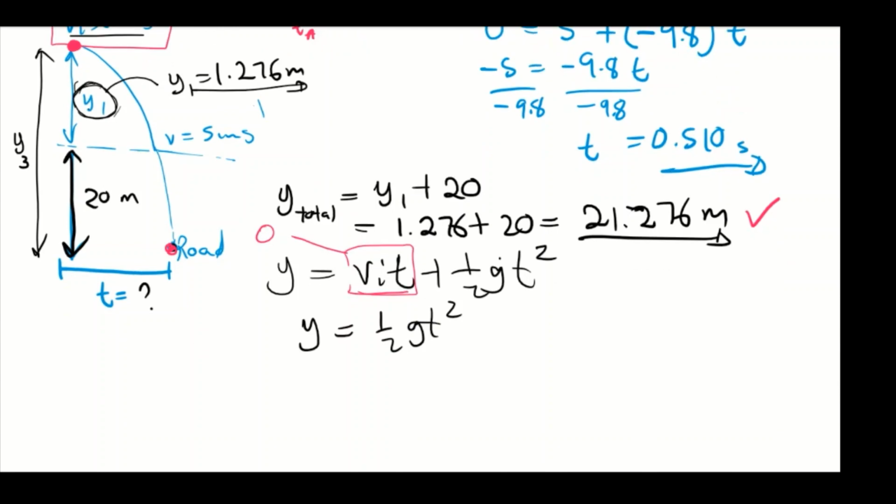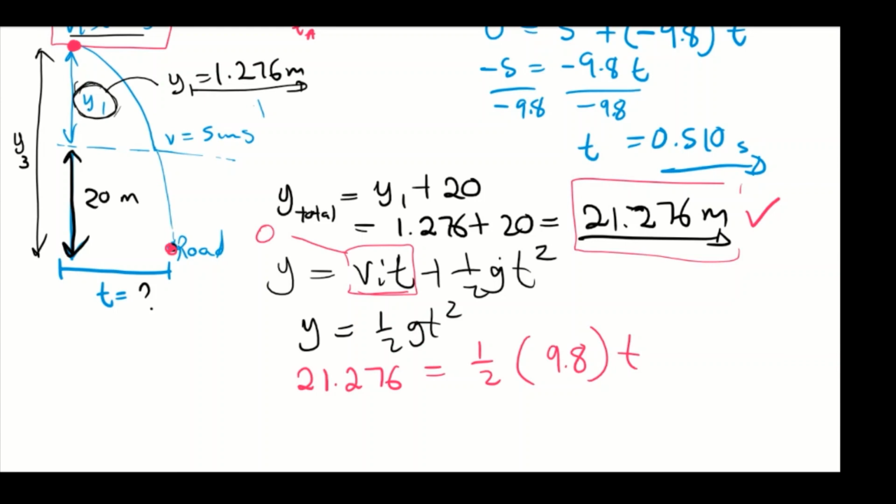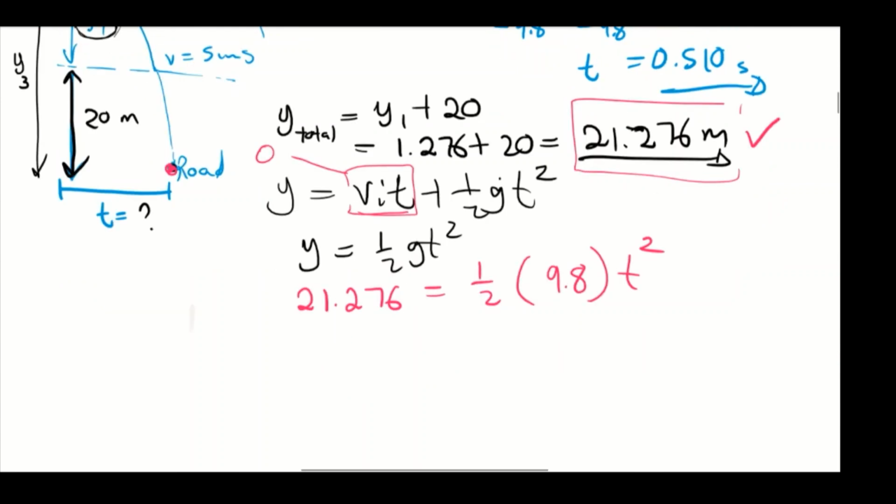Because we have our y, our maximum height, which is 21.276, we're going to write 21.276 equals 1/2 multiplied by 9.8 meters per second squared. So you're just going to write t squared there, and then you're going to cross multiply.